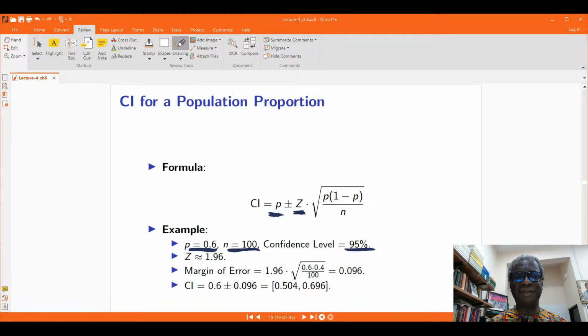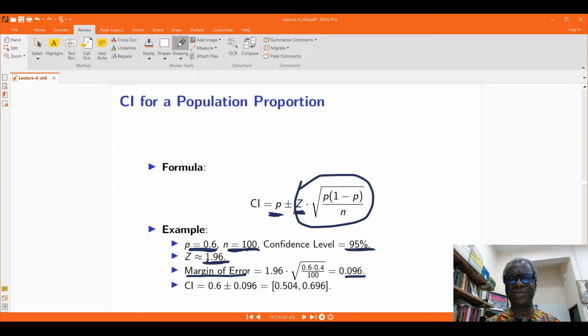Therefore our Z is 1.96. And then you can get the margin of error using this expression, 1.96 times the square root of 0.6 multiplied by 1 minus p, 0.4, over 100. This gives you 0.096. And the confidence interval is the estimate plus or minus the margin of error.